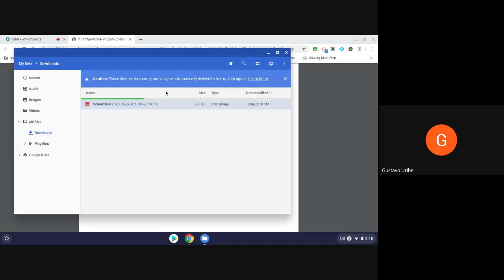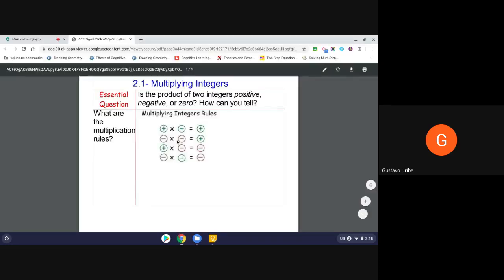If I look right below that, different signs multiplied together will give me a negative. So, a positive multiplied by negative gives me a negative. Or if I flip that and start off with a negative multiplied by a positive, it gives me a negative.